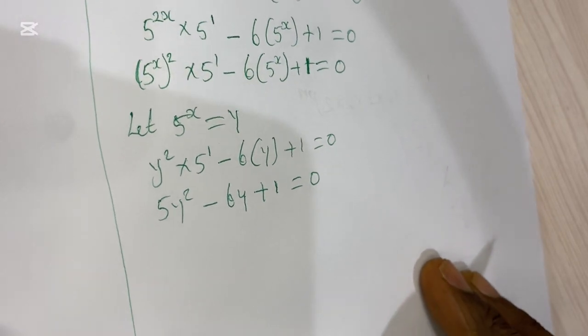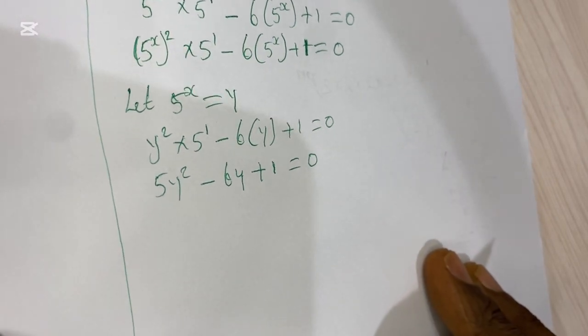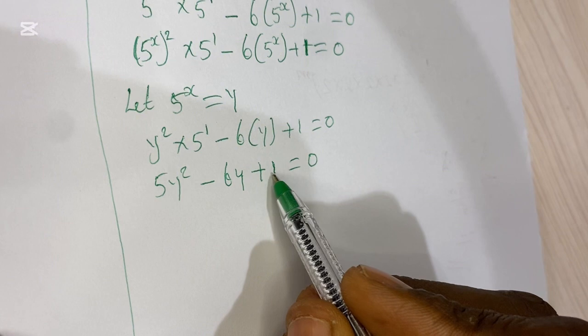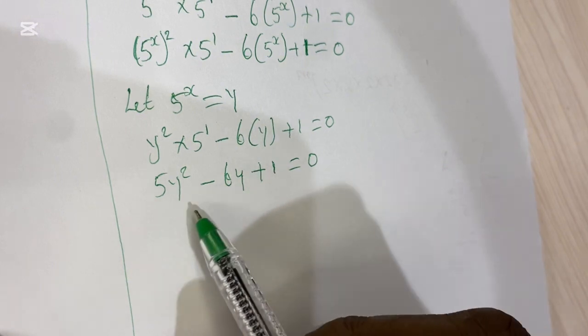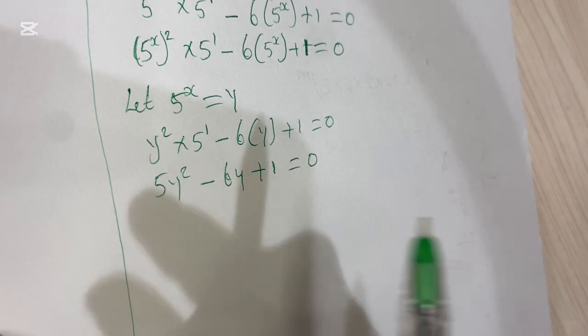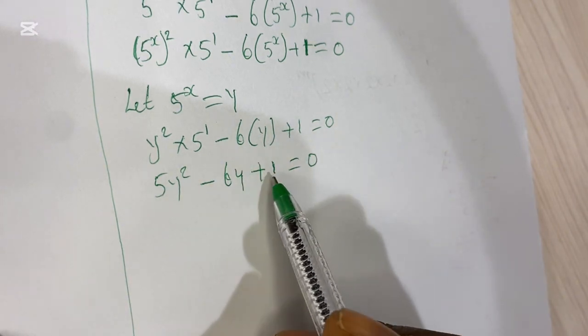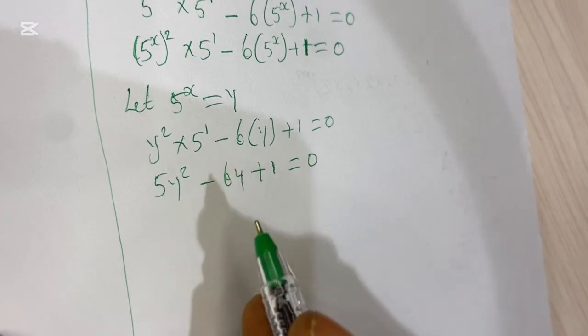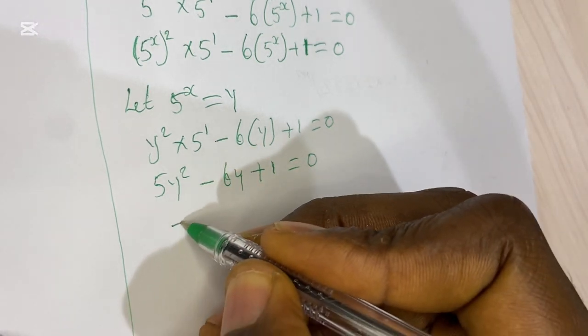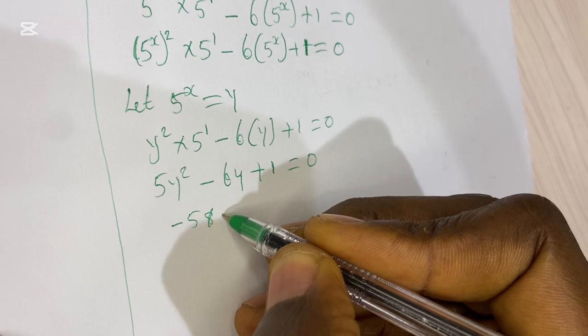Getting the factors, we say 5 times 1 is 5. Then we have to look for numbers that, when you multiply them together, you get plus 5, and when you add them together, you get minus 6. And those numbers are minus 5 and minus 1.